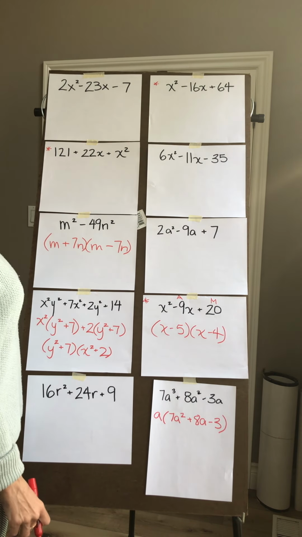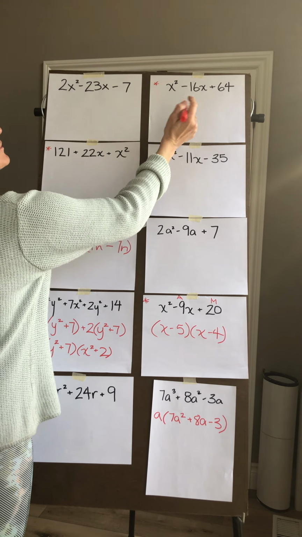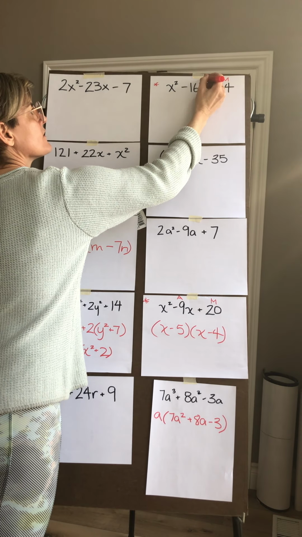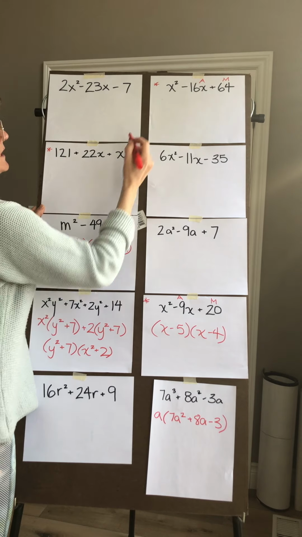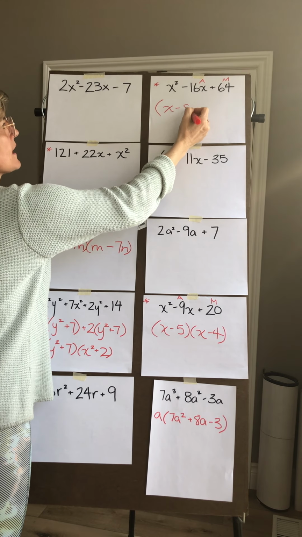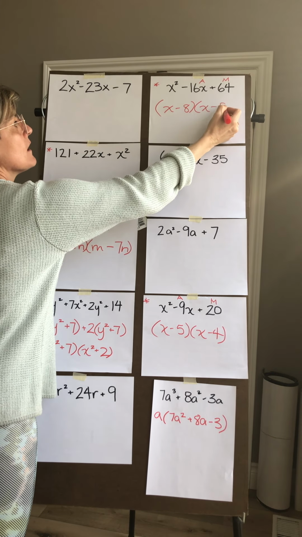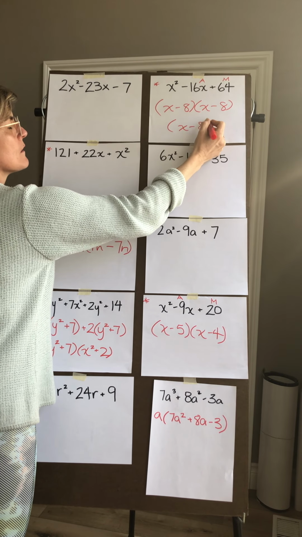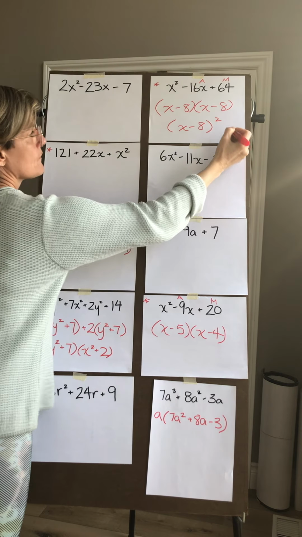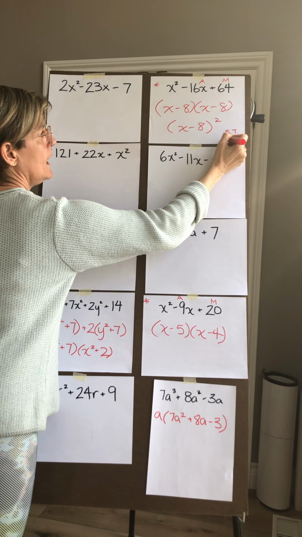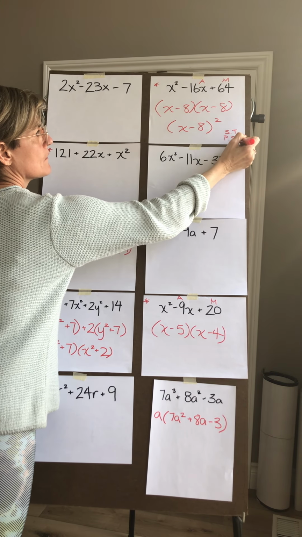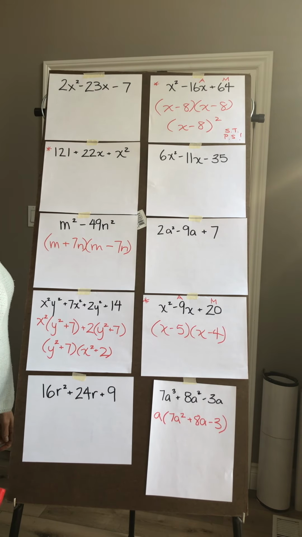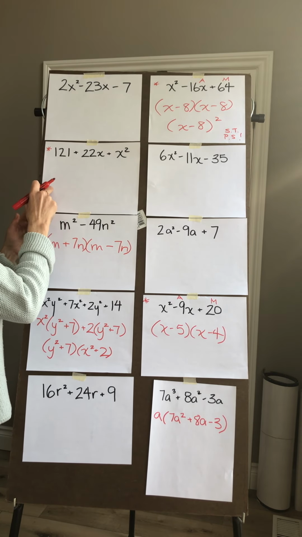Love those. Up here, what two numbers multiply to 64 and add to -16? Well, it's -8 and -8. So this, not only is it a simple trinomial, it is also a perfect square. So I'll put simple trinomial and perfect square. It's both, okay? And this one's very similar in that.